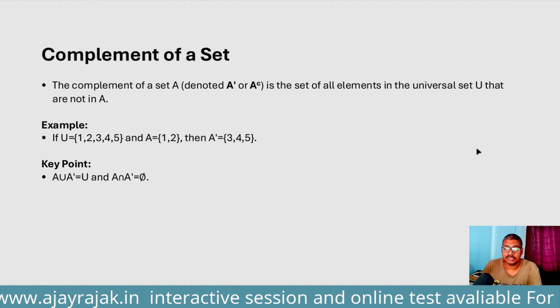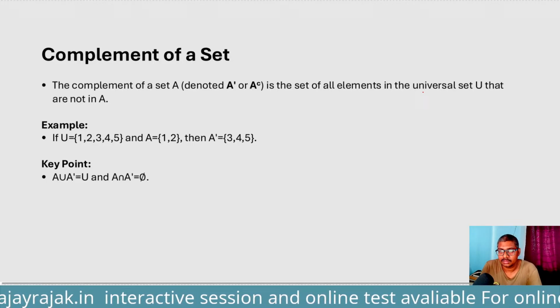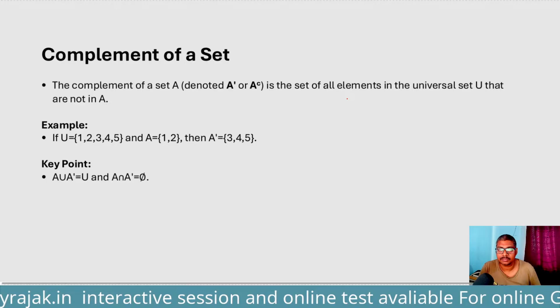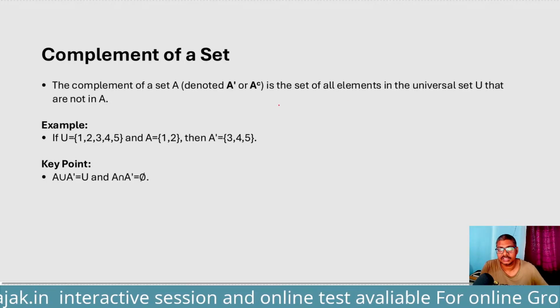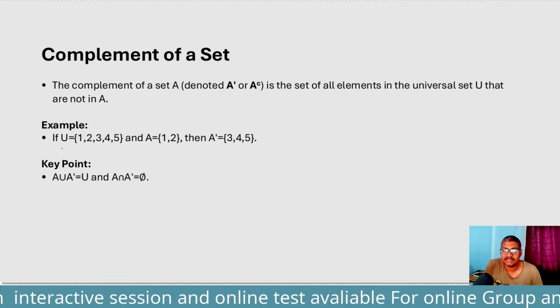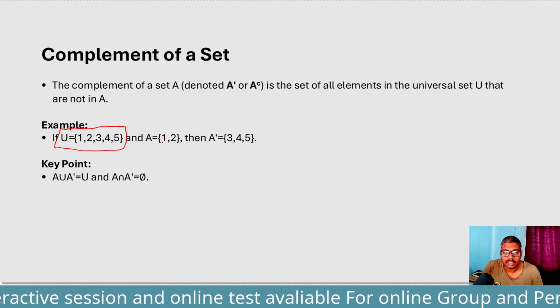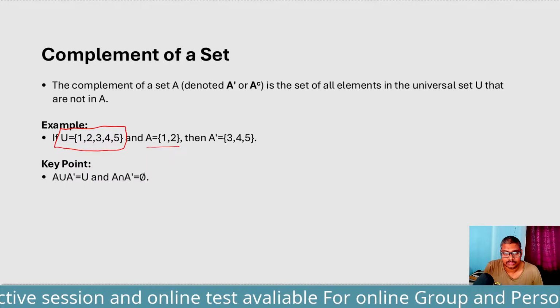Complement of a set. The universal set we studied previously contains all the possible elements that can make the sets. Suppose we are given a universal set 1 2 3 4 5, right? And A is 1 2.